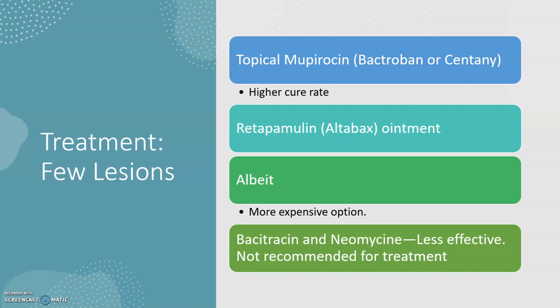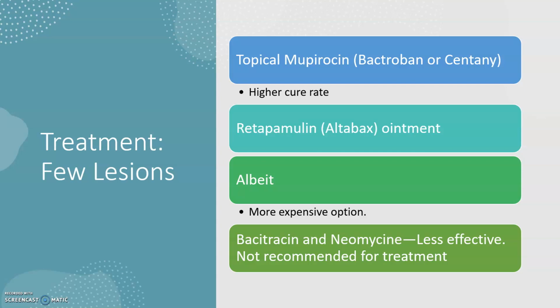As it relates to neomycin, this is less expensive and less effective, and it is not recommended for treatment because it is not as effective as Bactroban. Again, neomycin is less effective and not recommended for treatment.